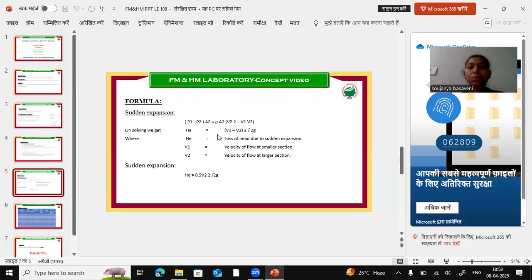HE equals (V1 minus V2) whole squared by 2g. HE is the loss of head due to sudden expansion, V1 is the velocity of flow in the smaller section, and V2 is the velocity in the larger section. By doing all this, we get the sudden expansion formula, that is HE equals 0.5 V2 squared by 2g.